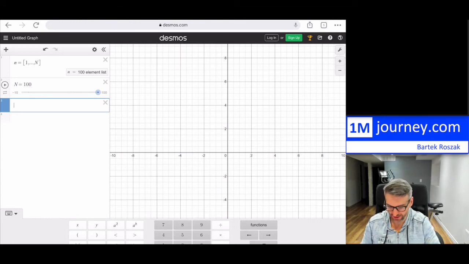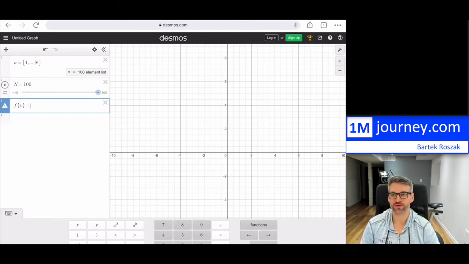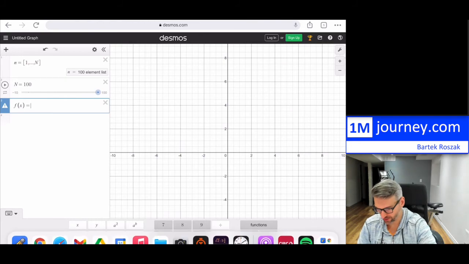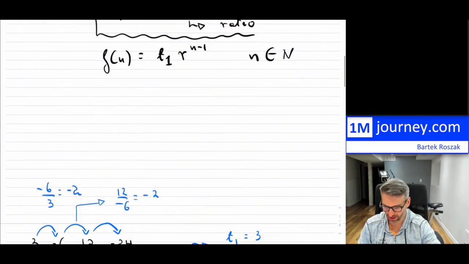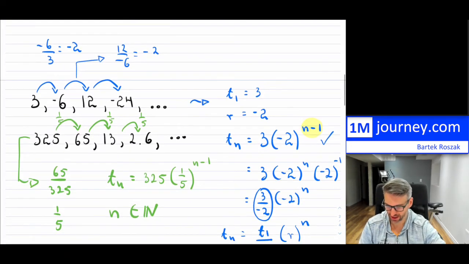And now we're going to have to write this as a function. So f of x is equal to, and I can take any arbitrary one that I had. So if I go back in here, let's maybe take the one which kind of flip-flops. So 3, -6, and so on.